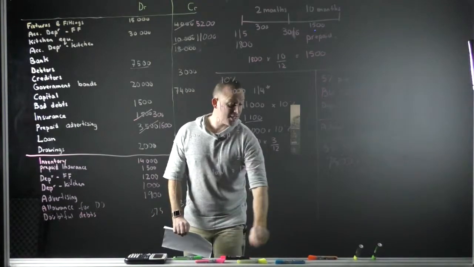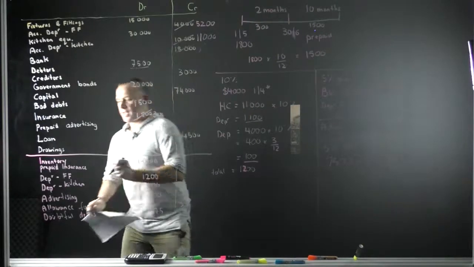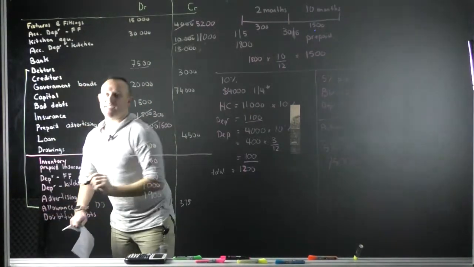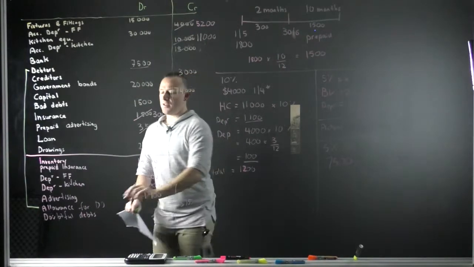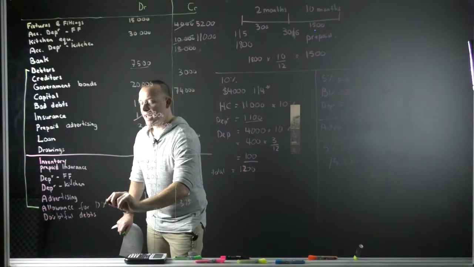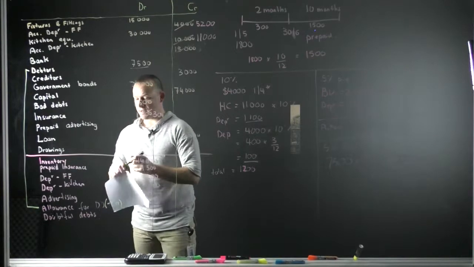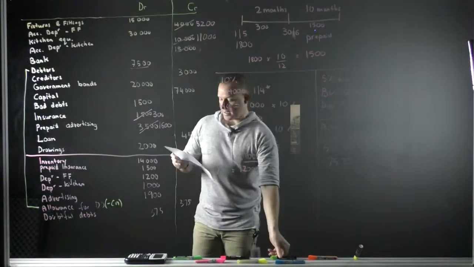Remembering when we do these transactions, these two are linked in our balance sheet, in our current assets. This is a contra account. It is a negative current asset. That's that one.